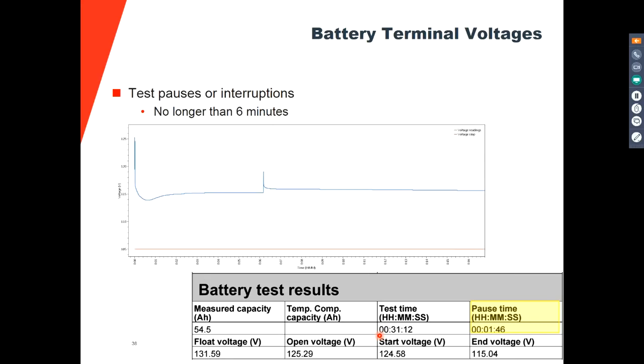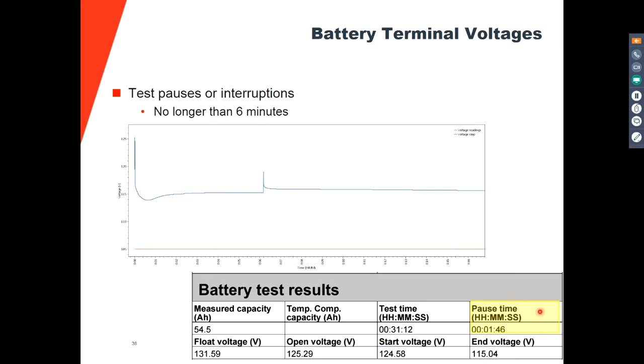So when you pause the test, the battery is going to rest, let's say, and it's going to recover a little bit of the voltage, and basically it's recovering a little bit of the capacity. So if you pause the test for a long time, you're going to affect your result, and it's not going to be an accurate result. So that's why the pause is monitored.